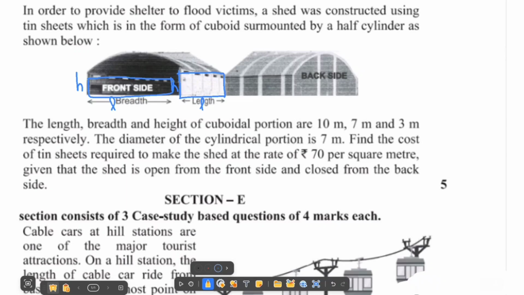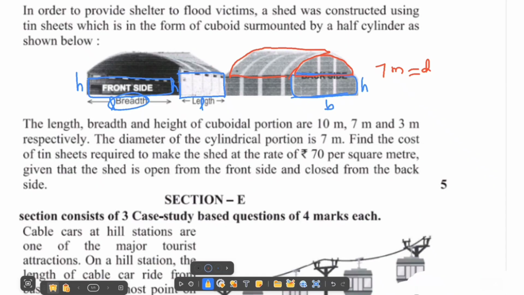Next, the back side. It is also a rectangle, with length B and height H. Now this portion is a semicircle whose diameter is 7 meters, and the curved portion is a half cylinder.